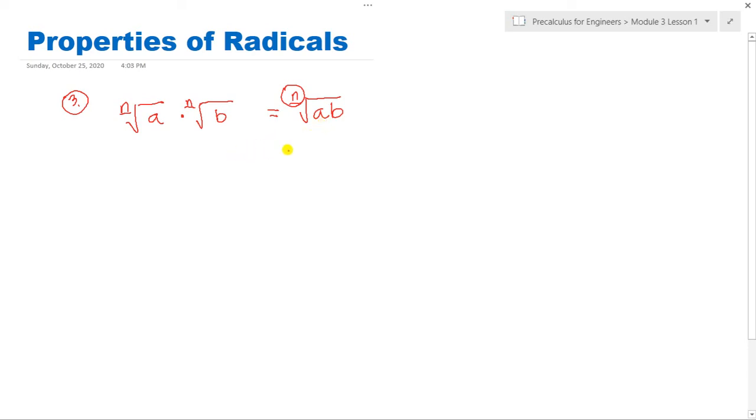So let's say we have here example. We have the square root of 4 times square root of 3. So, since pareho sila, square root, so you can just write the square root of 12. So, simple as that.